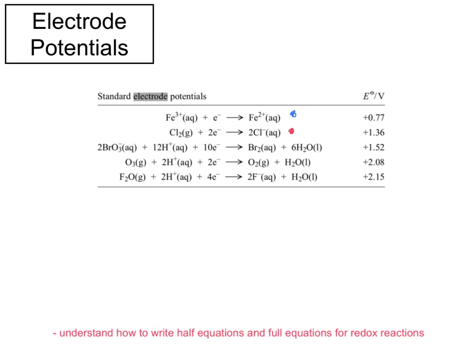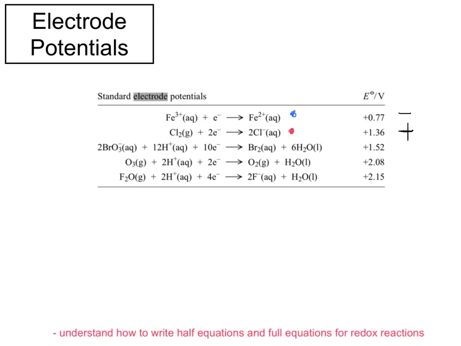So if we were to connect these two electrodes together, the 0.77 electrode, the iron 2 and iron 3 electrode, is more negative relative to the chlorine Cl- electrode. So the top one would be the negative electrode, the cathode, and the second one would be the positive electrode, or the anode.